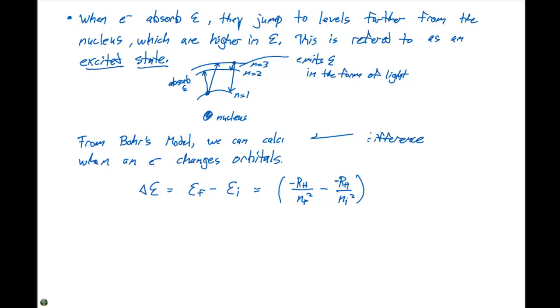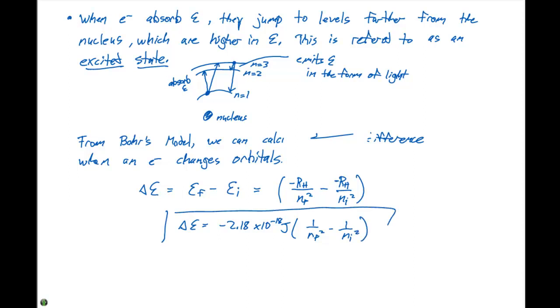And when Bohr manipulated these equations, he came up with an equation that said delta E is going to equal negative 2.18 times 10 to the minus 18th joules times 1 over nf squared minus 1 over ni squared.